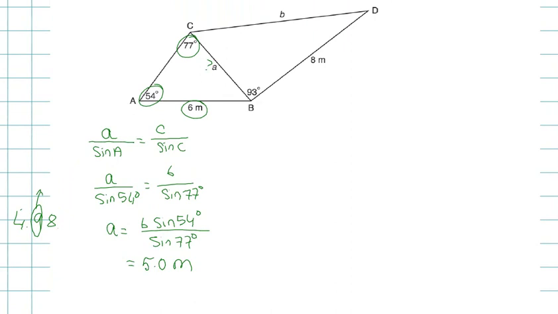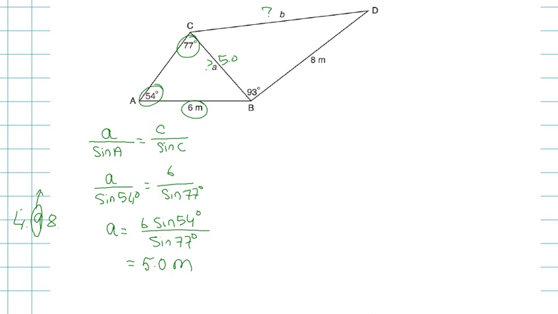So now let's look at this second triangle. I'm solving for B. What do I know? I know two sides and the contained angle. Two sides and the contained angle, then I have to use cosine. Anytime you have two sides and the angle between them, you have no other choice.